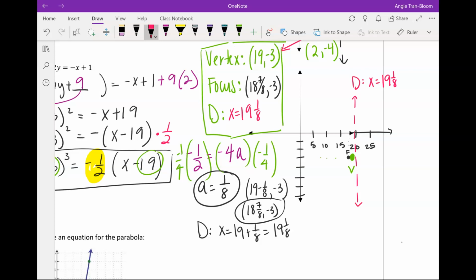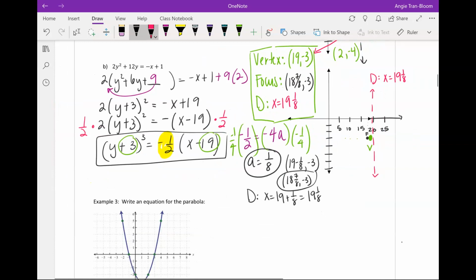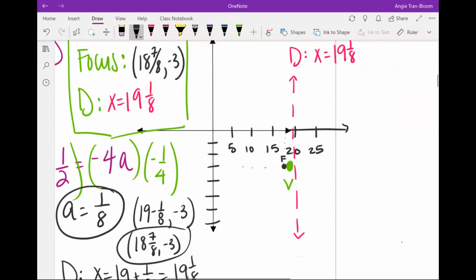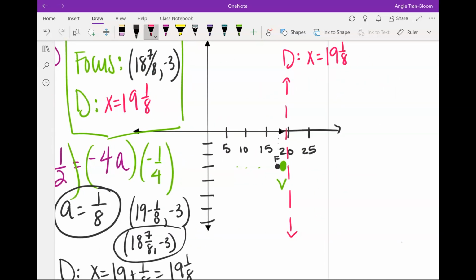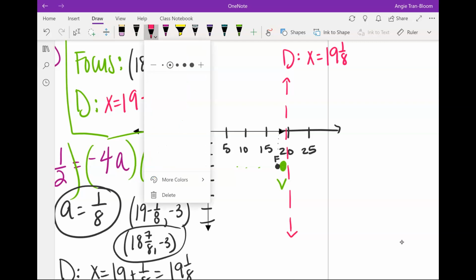I need now to find the length of the latus rectum, so I know how far up to go. Length of latus rectum, which is the absolute value of 4a, which we already know is the absolute value of 1/2. Well, the total length is 1/2. That means you're going to go up 1/4 and down 1/4. I'm going to see if I can fit 1/4 in here.